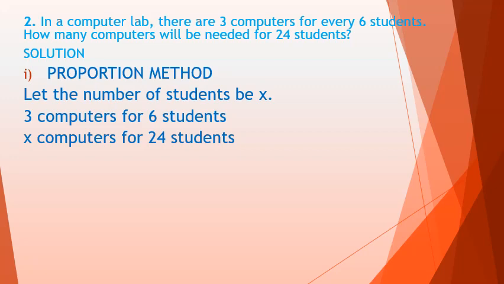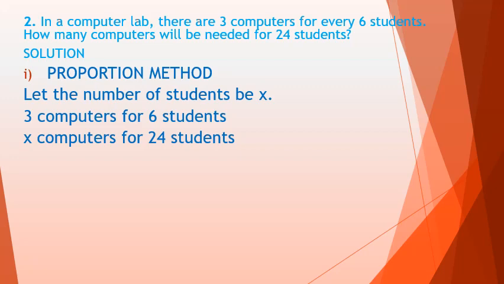That is, first we write the ratio of the computers, then the proportion symbol, and on the right side of the proportion symbol we write the number of students. As 3 computers is for 6 students, we write 6 is to 24.